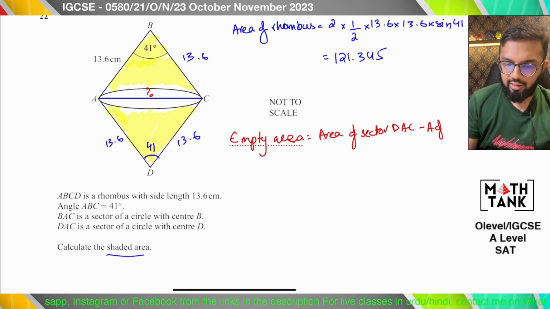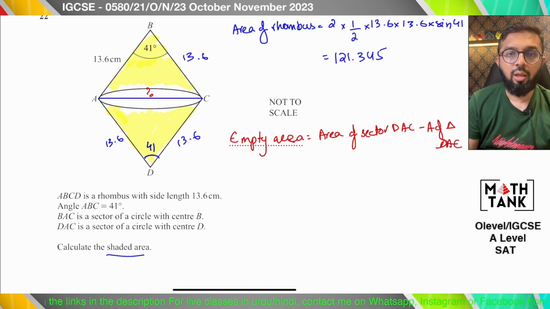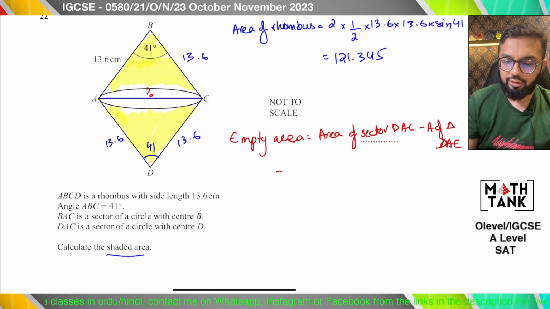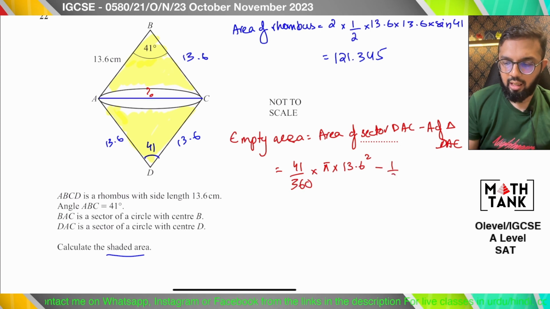It's area of sector DAC minus area of triangle DAC. Then I'm going to multiply that by 2 and subtract it from the entire rhombus to get the shaded area. Area of sector is theta over 360 into pi r squared, minus half ab sine C.